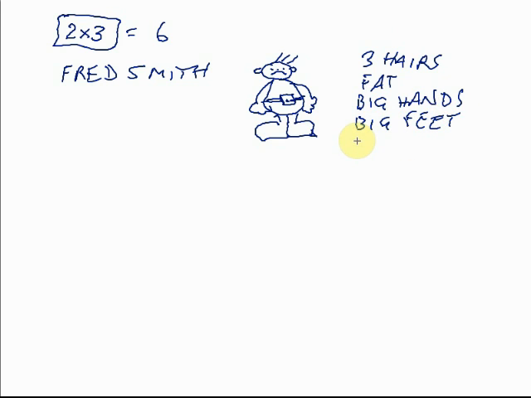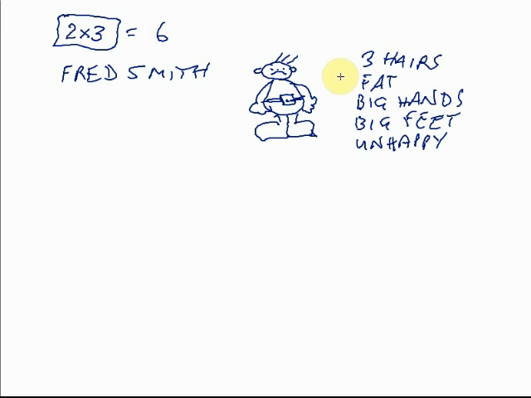And he is unhappy. And I tell you, if you had all of those things, like you were fat and you had big hands and big feet, you'd be pretty unhappy, I suppose. Anyway, so Fred Smith is this man. This is the only man who has 3 hairs, who's fat, who has big hands, big feet, and is unhappy.